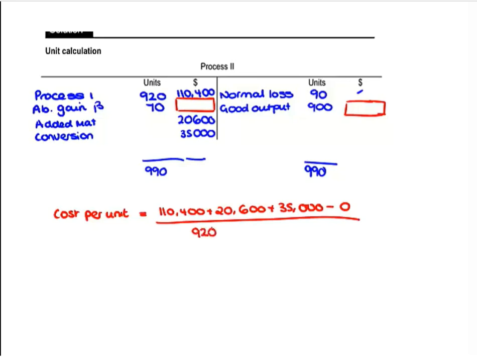And that's the input units of 920 minus the expected normal loss. So the cost per unit is $200.